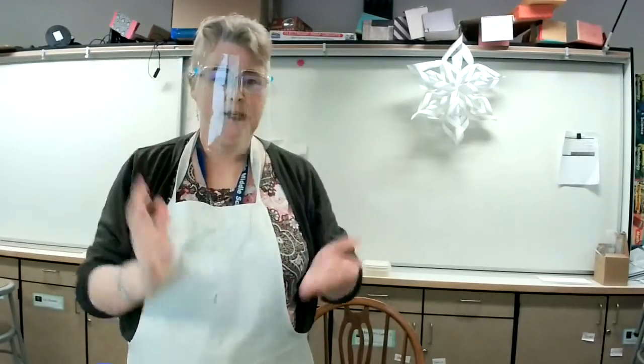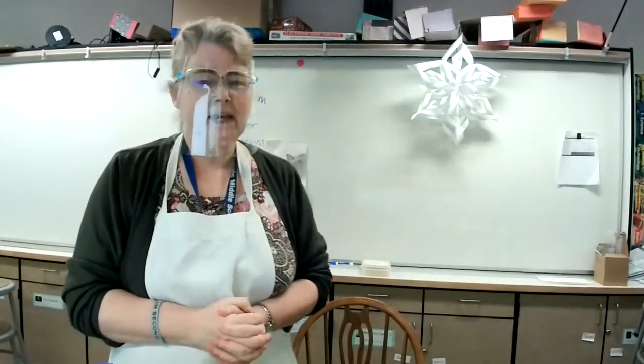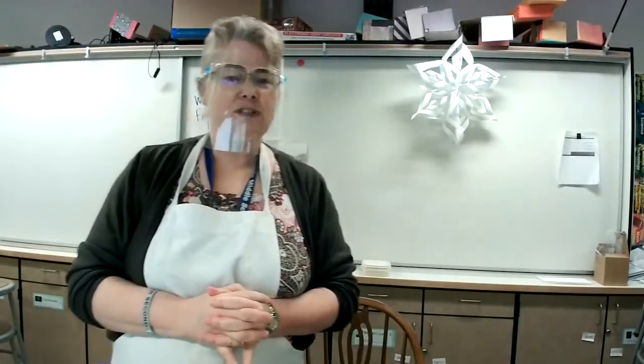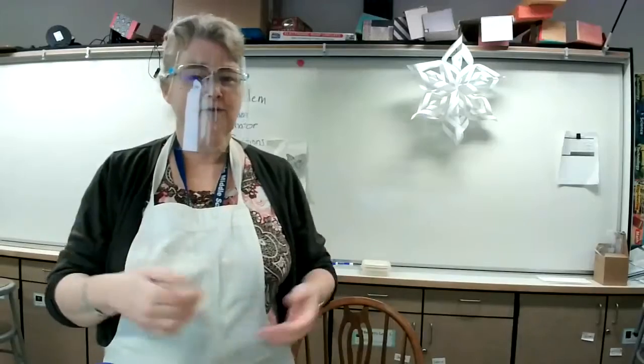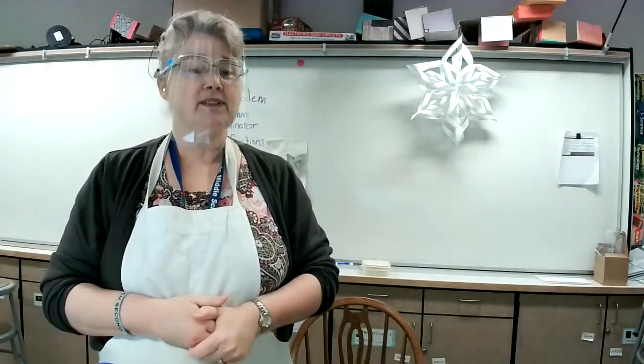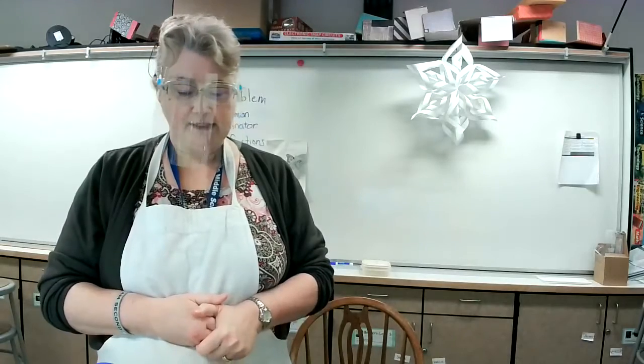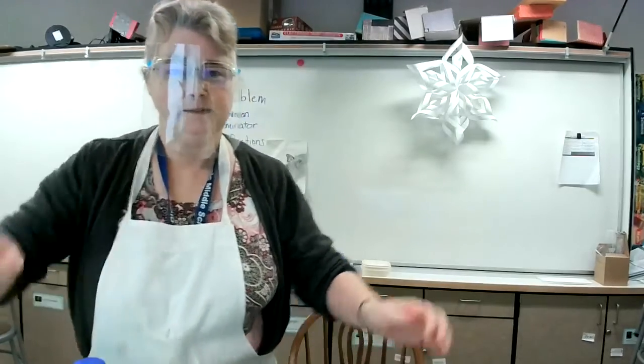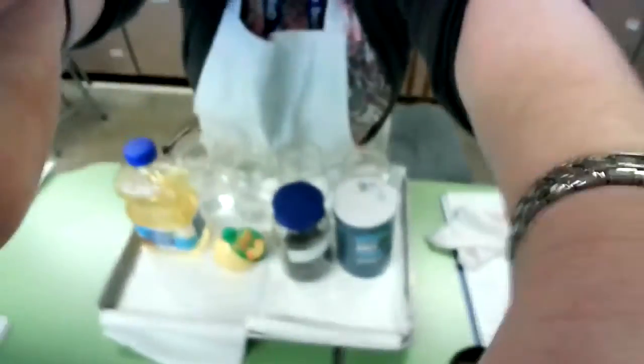So what we're doing is we're starting out making a prediction, and the prediction is which of four substances, when mixed with water, which is the solvent, will dissolve completely. So let me turn my camera here and move it to where you all can see.